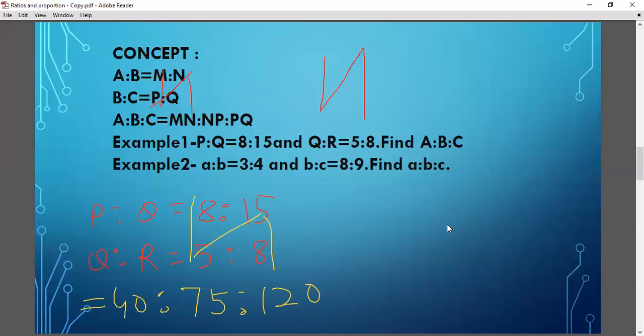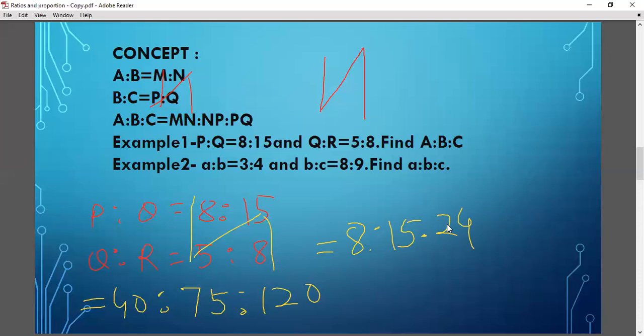So for this particular question, if we want to simplify, it becomes 8 is to 15 is to 24. So this is the final answer, 8 is to 15 is to 24.